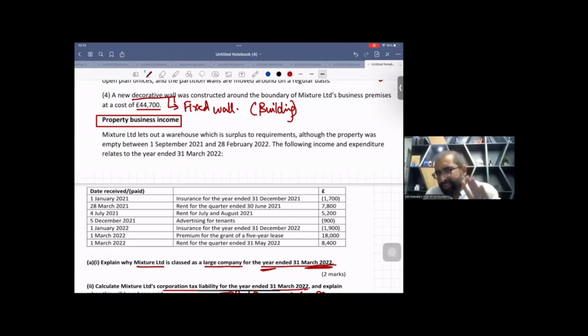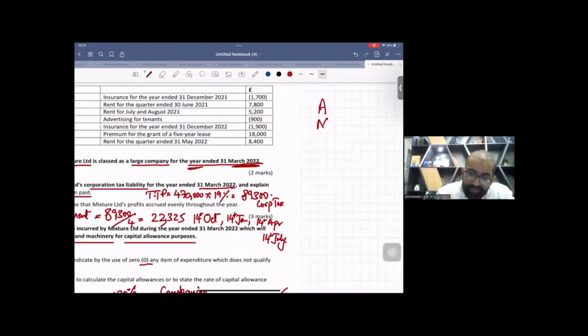So let me write, let's do it like infants, the way you are taught in class. April, May, June, July, August, September, October, November, December, Jan, Feb, and March.